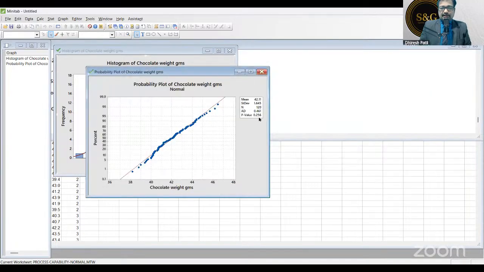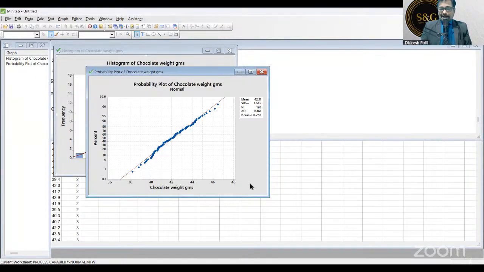We have to just check this p-value, 0.256 p-value. If it is greater than 0.05, that means the data is normal distributed. Now what is p-value, how that is calculated, this is right now we are not going to discuss because it will take a more explanation time.